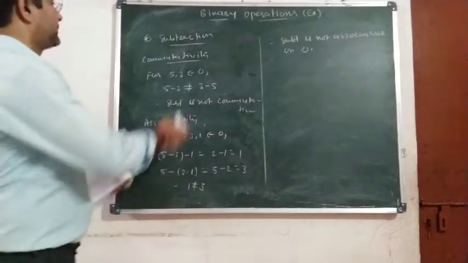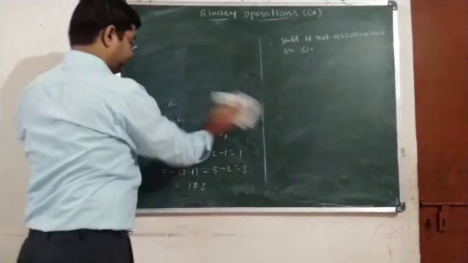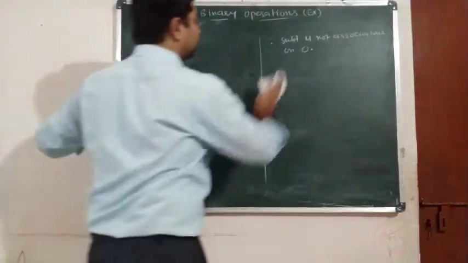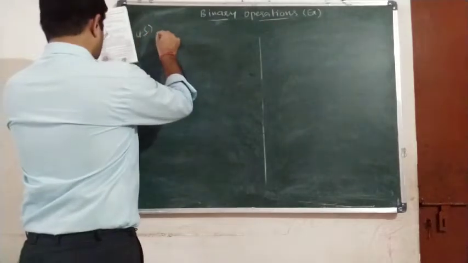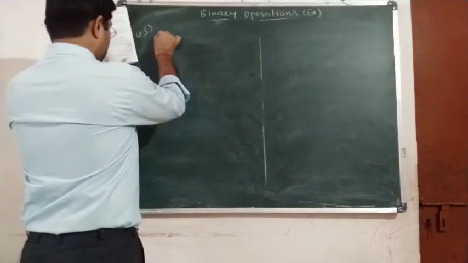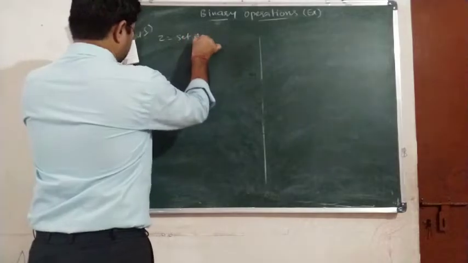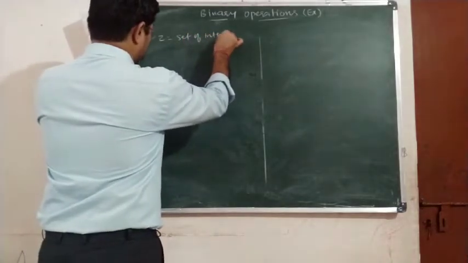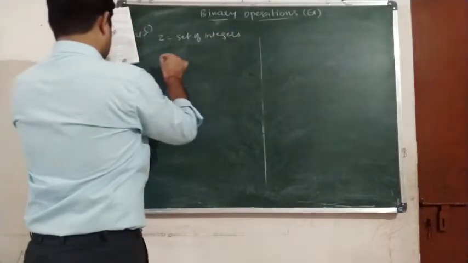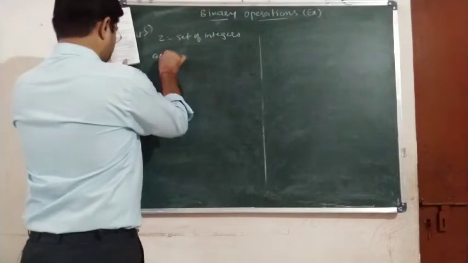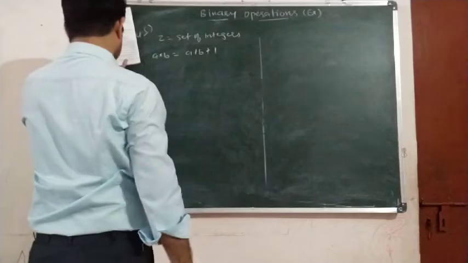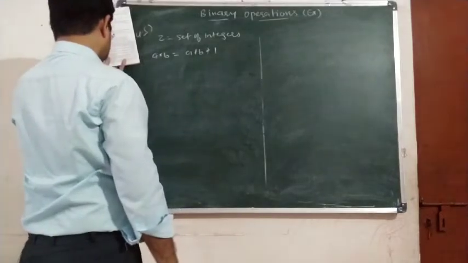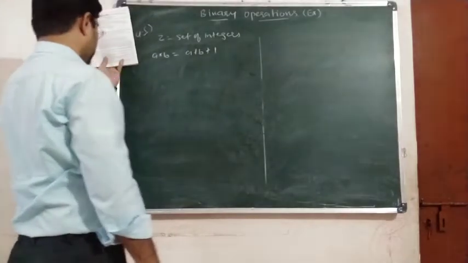Okay, now next question, that is question number 5. On the set of integers Z, a binary operation is defined by A asterisk B is equal to A plus B plus 1, where plus is the ordinary addition.